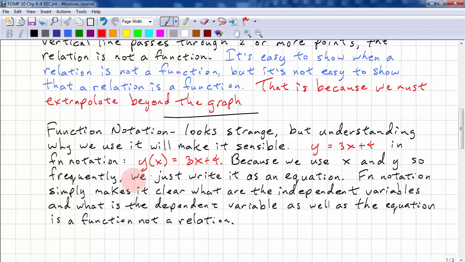Now, we generally do this instead of this because we use x and y so frequently, we just write it down as an equation. However, function notation simply makes it clear what are the independent variables, and it should say what are the dependent variables, as well as the equation is a function and not a relation.